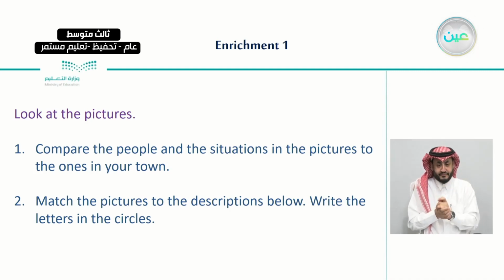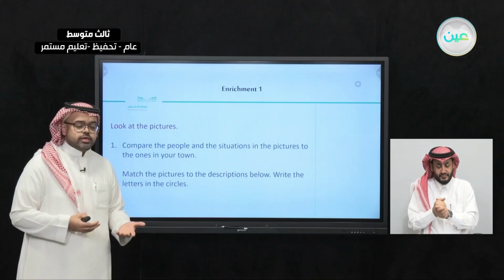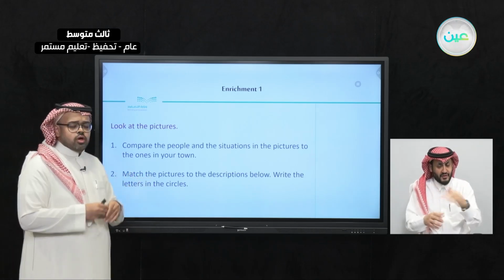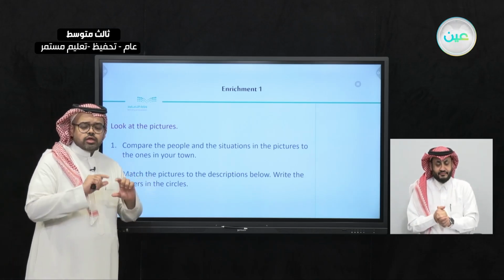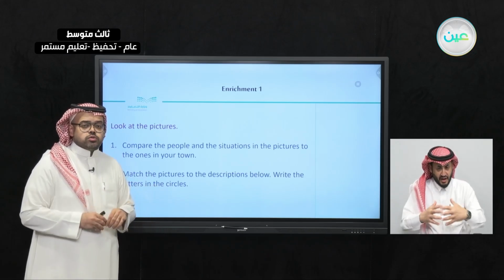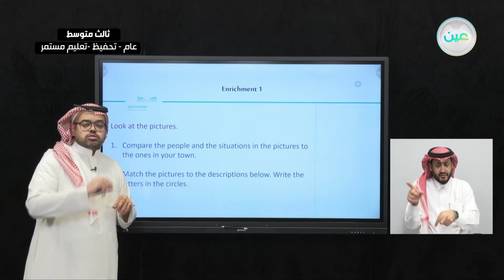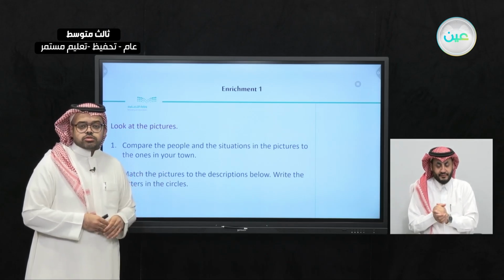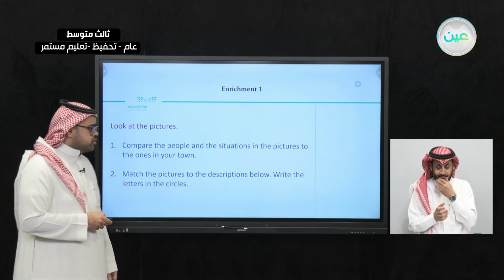Not only this, but also the other exercise we did in this one is trying to match the pictures to the descriptions below. So we have descriptions, and I told you to try to match each description with the picture that you think matches it.